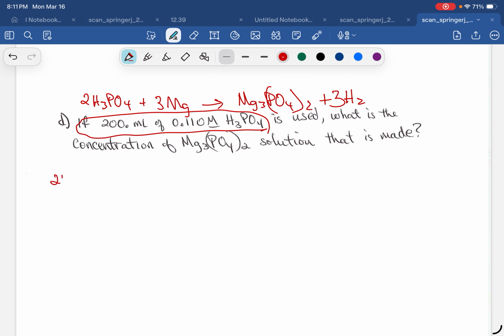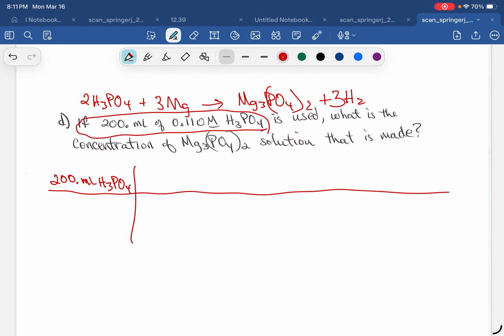So 200 milliliters H3PO4 times 0.110 moles H3PO4 per liter. And then we're trying to find Mg3(PO4)2, so that's my find, that's my given.